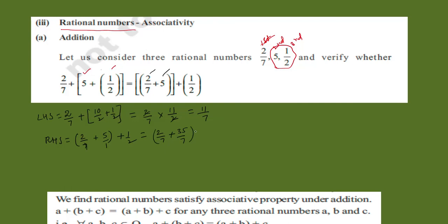Then what is the value of 2 by 7 and 35 by 7? That is 37 by 7 plus 1 by 2. That means you may convert these into like fractions. 2 thirty-sevens are 74 by 14 plus 7 by 14.